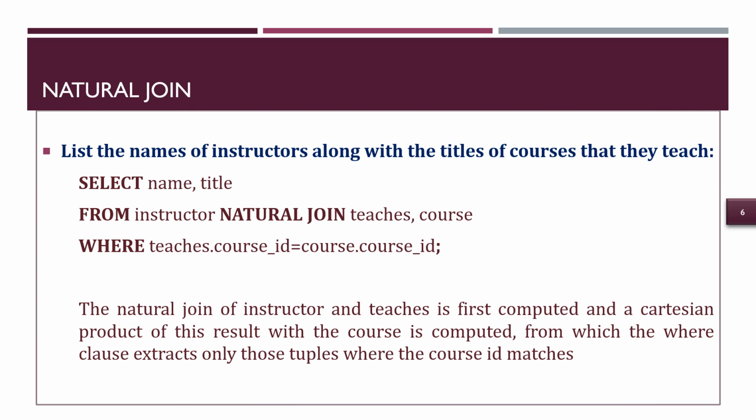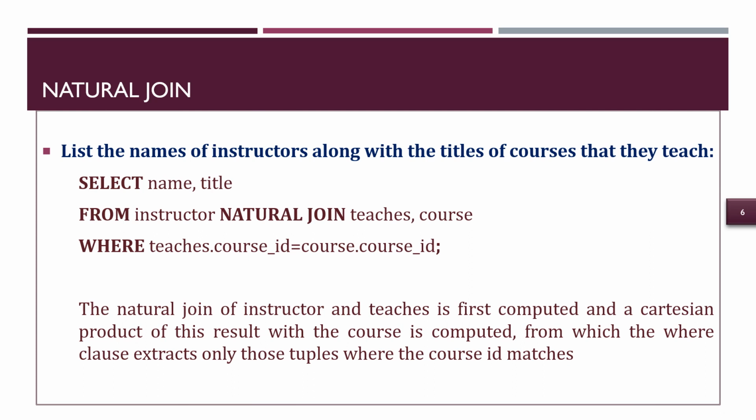So the natural join of instructor and teachers is first computed, and a Cartesian product of this result with the course relation is computed, from which the where clause extracts only those tuples where the course id matches.